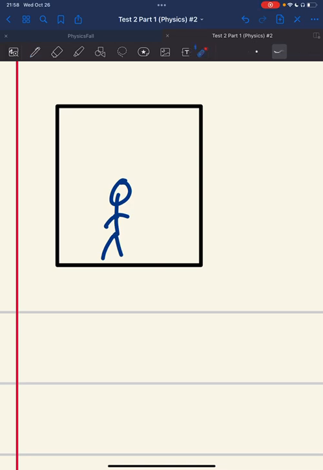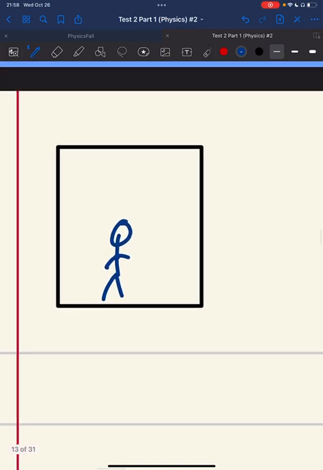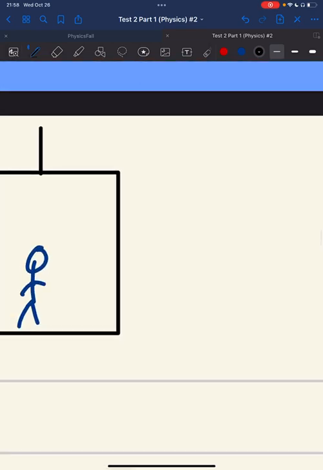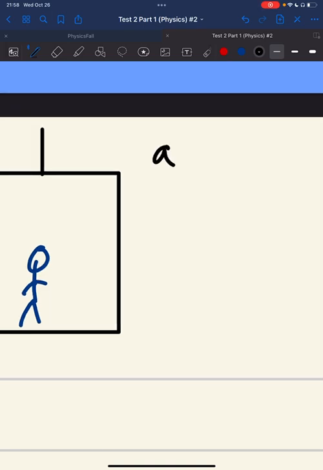First case: there's no acceleration at all, positive or negative.